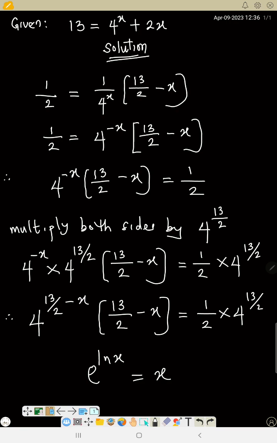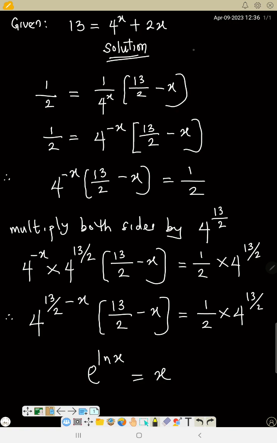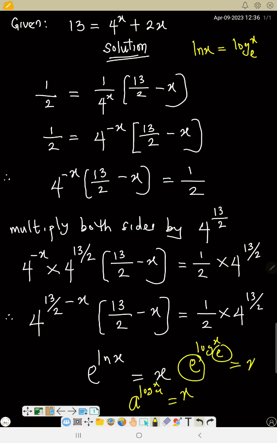Note that ln x is equal to log x to base e. So if I put it here, this will be e raised to power log x to base e. According to this law, a raised to power log x base a is equal to x. So this and this are alike, the result is x.